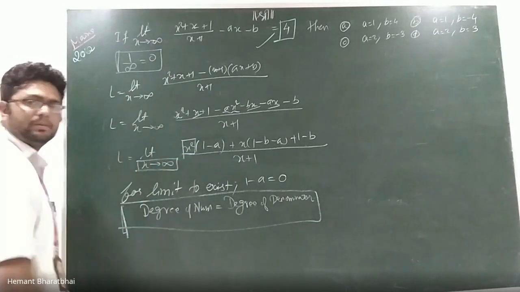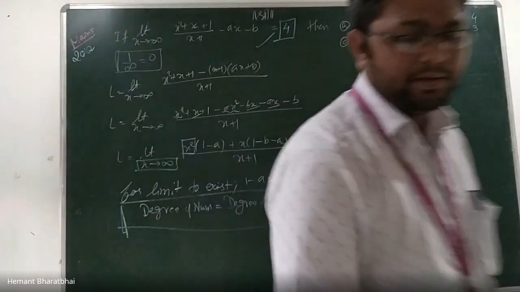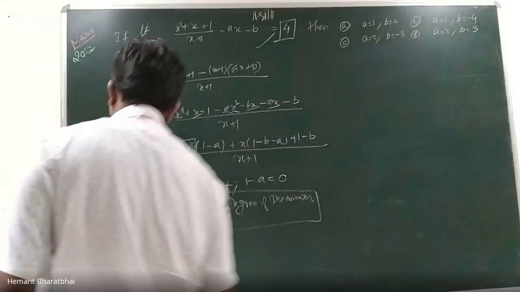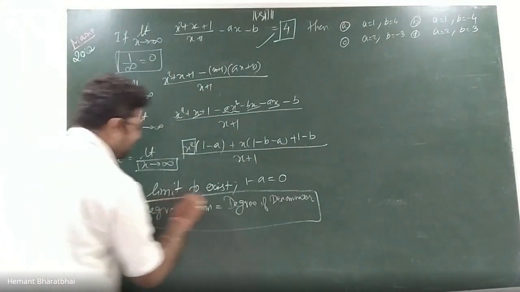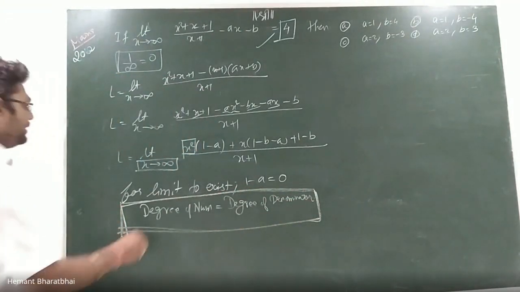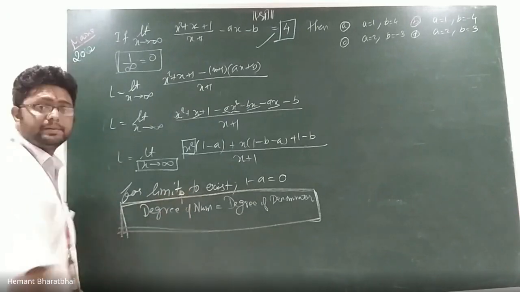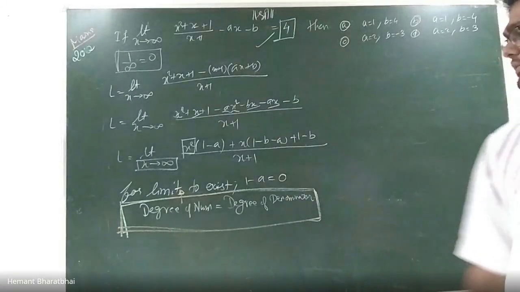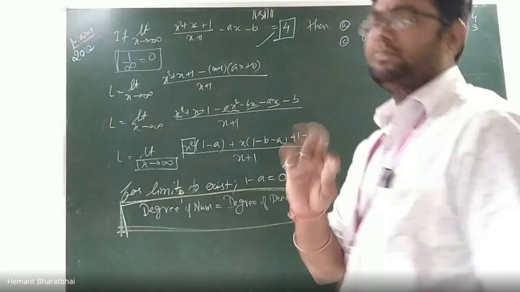Remember one thing, my degree of the numerator should be equal to the degree of the denominator for the limit to exist. If the degree of the numerator is not equal to the degree of the denominator, then the limit will not exist.